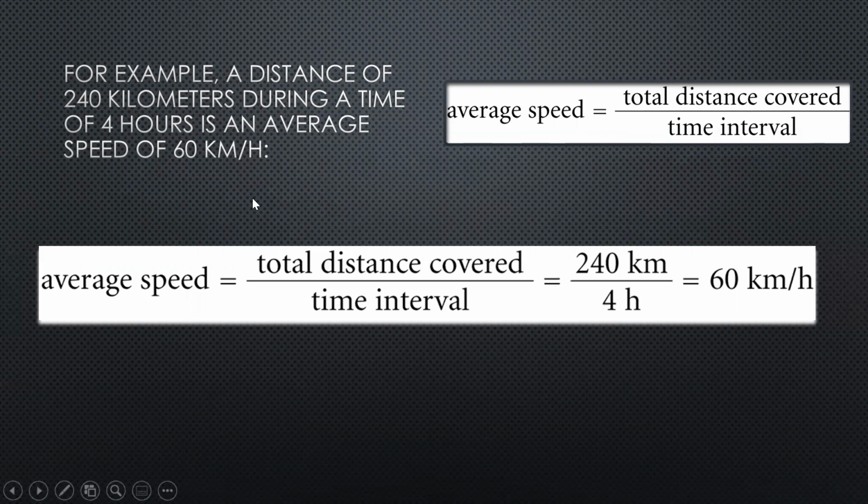In this case, the given was 240 kilometers and 4 hours. The unknown was your average speed. Your equation would be right here, average speed. Substituting in the values, you solve for 60 kilometers per hour. We'll use this type of strategy throughout physics: given, unknown, equation, substitute, solve.